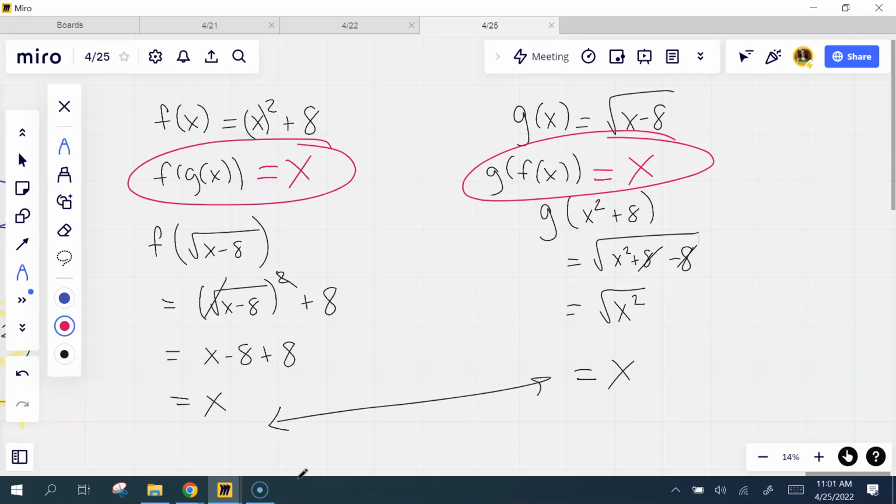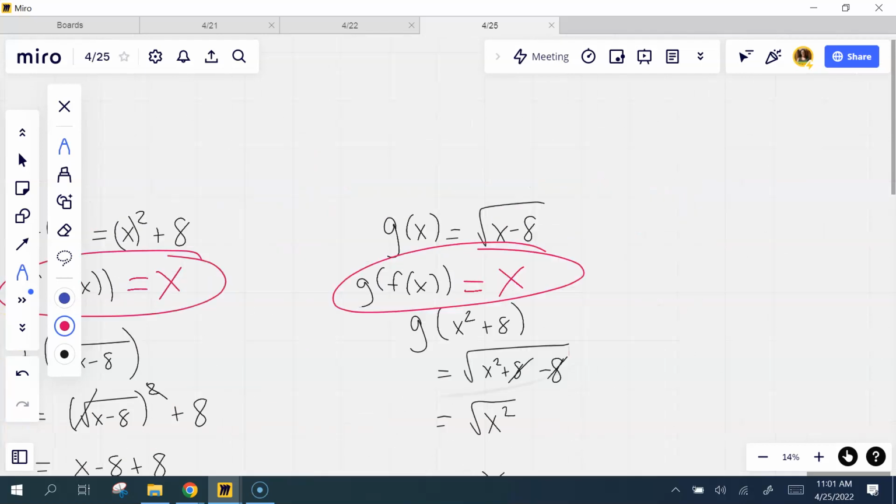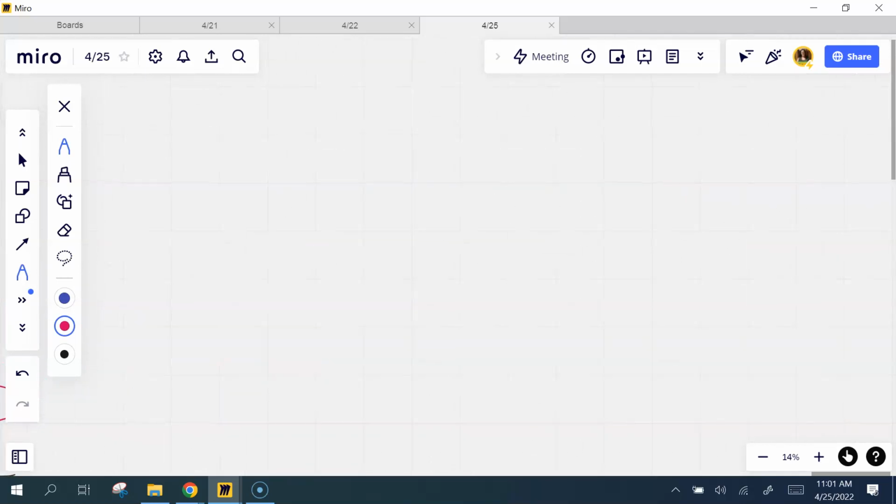Y'all never seen composition before, even though you should have. I wish I'd just done a lesson on composition today.